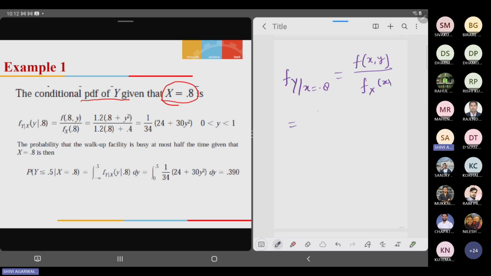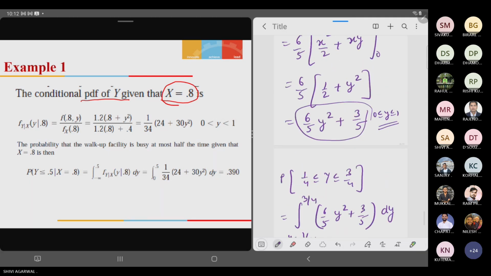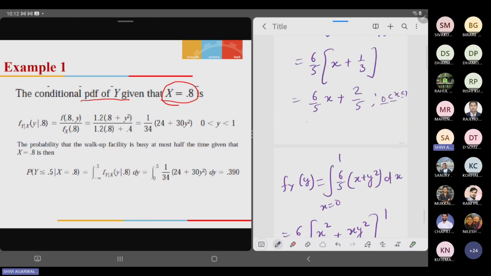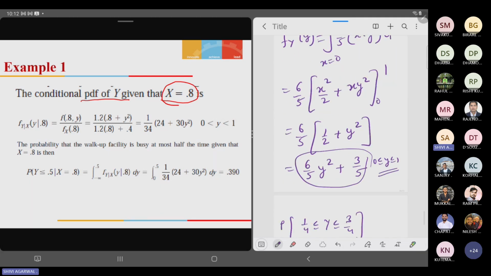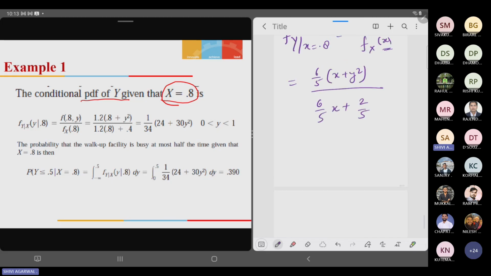So f(x,y) is 6/5 (x + y²), and f_X(x) we have taken as 6/5 x + 2/5. Correct. Now we put x = 0.8.